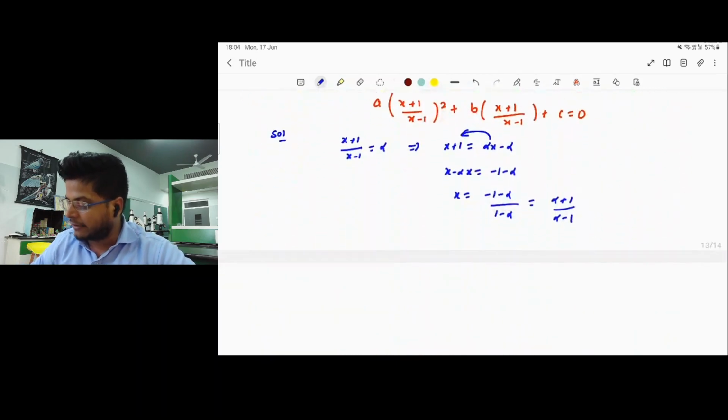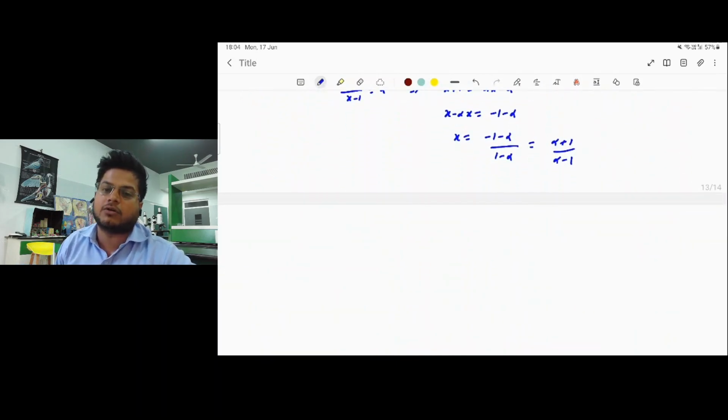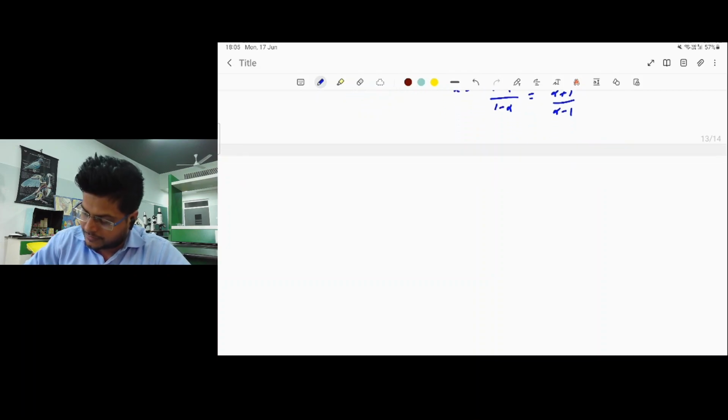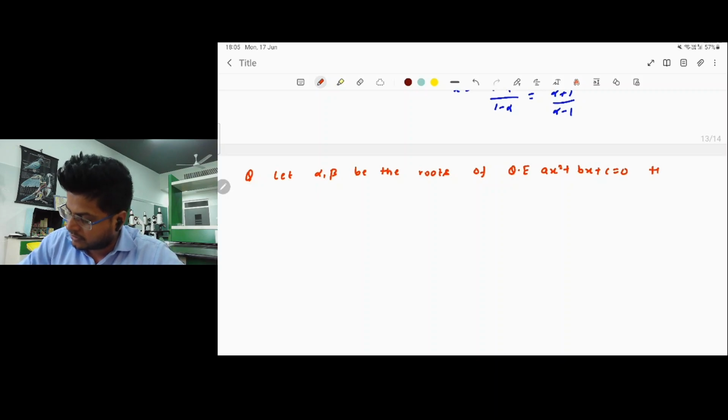So just to have more clarity and to build the confidence among you guys that you are getting the right answer, I would say that let us do a question. So question is, let alpha beta be the roots of quadratic equation ax square plus bx plus c equals 0.